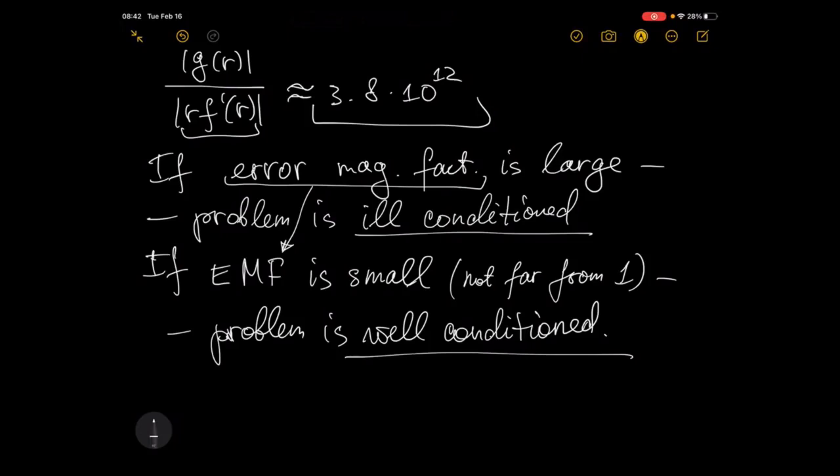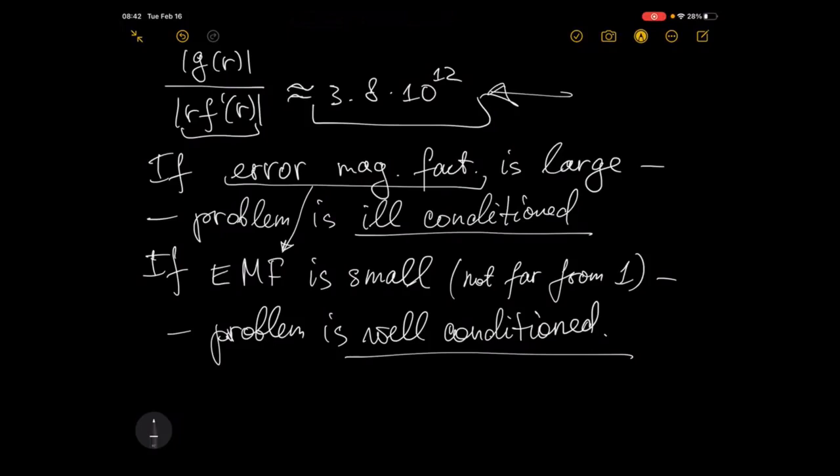you need to figure out, to evaluate this error magnification factor, and if it is huge, like here, for example, then most probably you know approximately how many digits you can believe in.